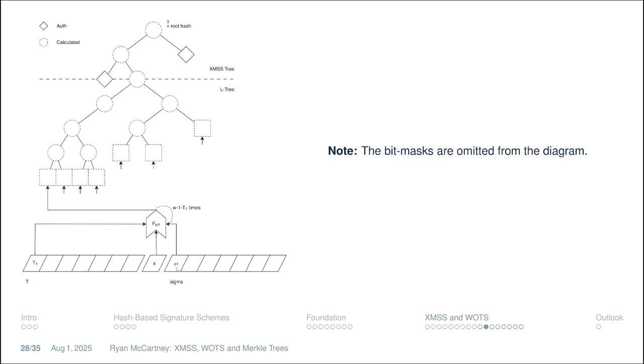So for every sigma 1, sigma 2, sigma 3, and so on, we compute these public key values, pk1, pk2, up to pk7 here, which now means we have all of this information and go up to this value easily. And then we, again, just like in the Merkle signature scheme, need this authentication node to compute upwards to this root hash.